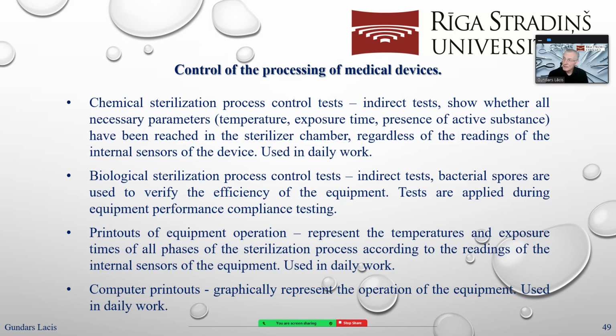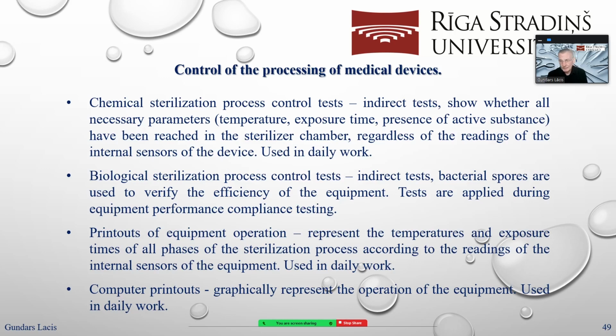Biological indicators are also indirect. Here we use bacterial spores, but they show only that in this indicator we destroyed bacterial spores, but what happened with the instrument surface we don't know. Of course, the same is true of the printouts and computer connections.